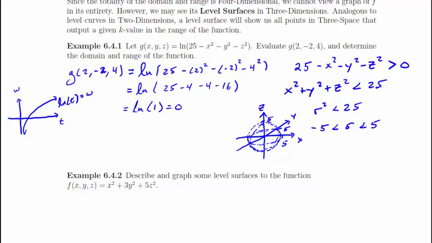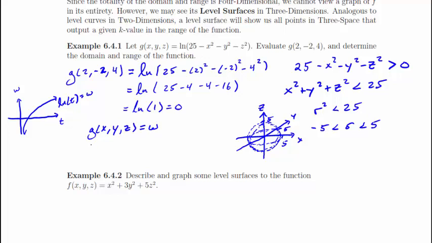Let's note, though, that we're never going to output something like that, because x squared, y squared, and z squared are all being subtracted from 25. So the least we could subtract from 25 is 0. So we're always going to have that the range, the outputs, let's say g of x, y, z are outputting w values.